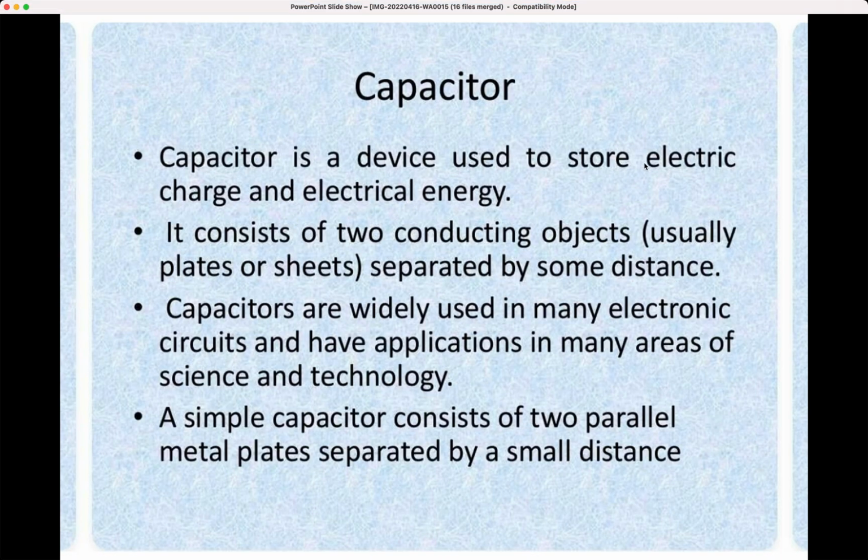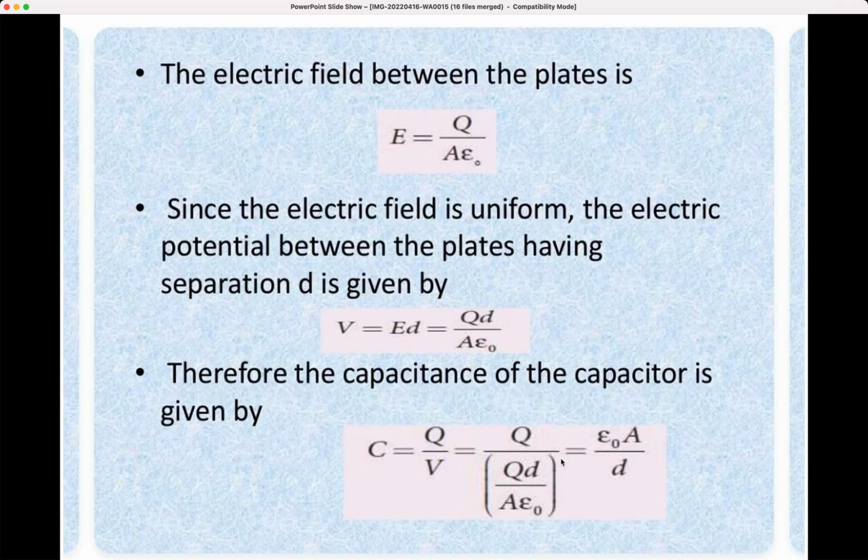A capacitor is normally used to store electric charge and electrical energy. What is its function? It always has two plates separated by some distance, and capacitors are mostly used in many electronic circuits, and they find applications in many areas of science and technology. A simple capacitor has two parallel metal plates separated by a very small distance, and the electric field between the plates is E is equal to Q by A epsilon 0.